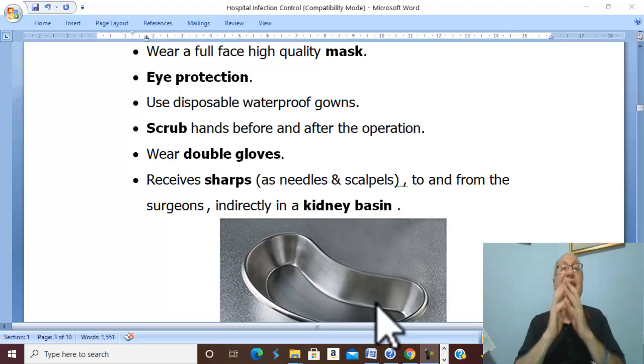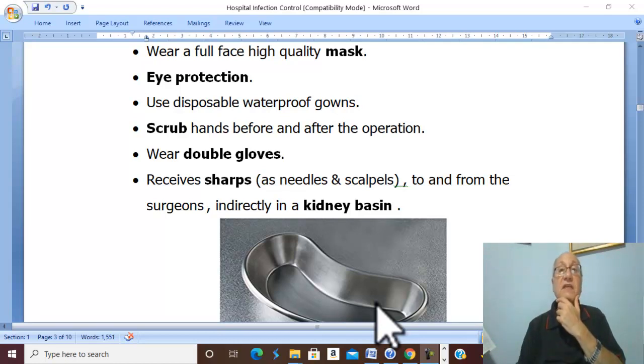First of all, cleaning. Cleaning is removal of visible contamination, and this is a necessary prerequisite for effective disinfection and sterilization, which are the next methods for decontamination.